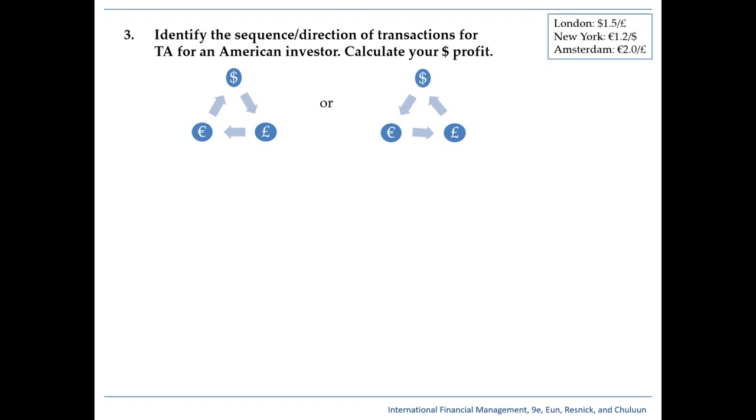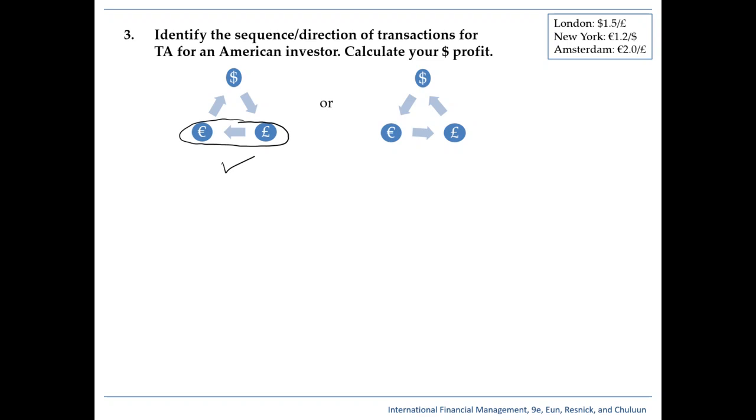So since we already figured out that we want to be going from pound to euros in the previous step, remember, we want to be selling pounds for euros at the higher rate of 2 euros per pound, and this is with the bank in Amsterdam. Since we already figured out this is the correct transaction to engage in Amsterdam, this sequence is the correct sequence, or this direction is the correct direction.